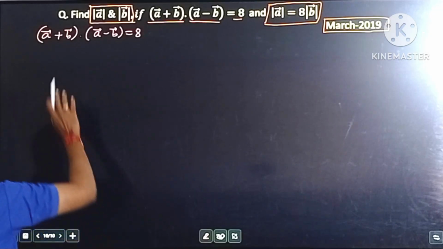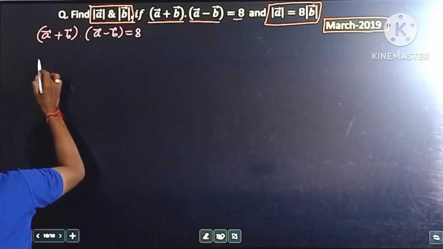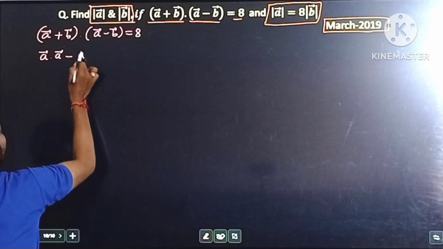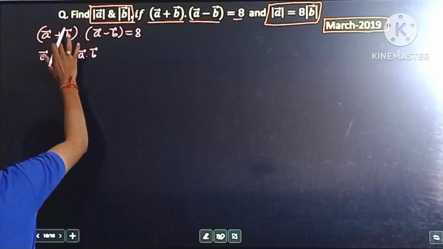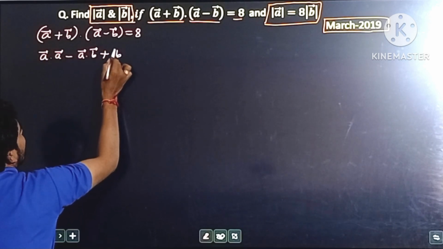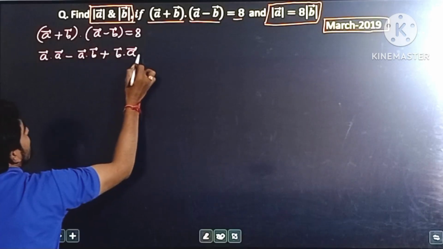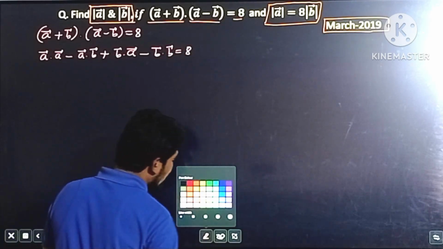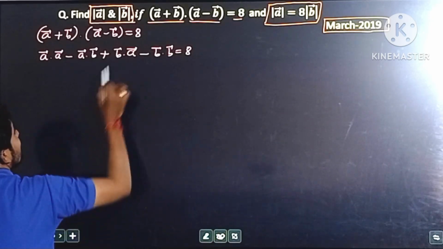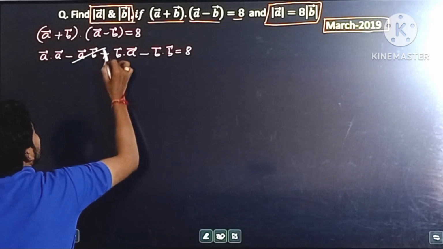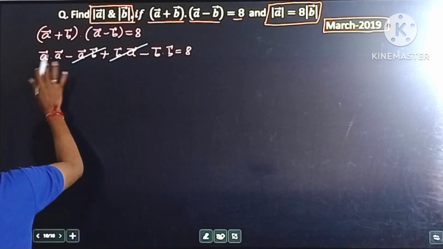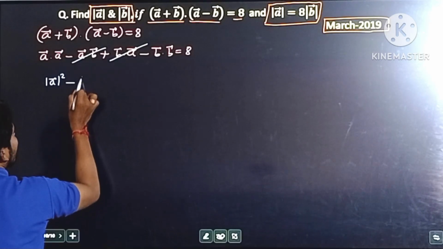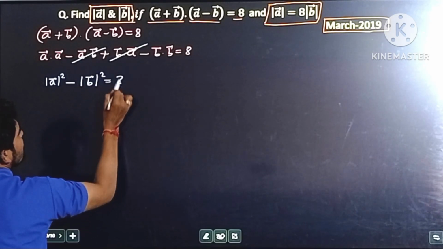Now by using the multiplication rule, first a vector dot a vector, minus a vector dot b vector, and then plus b vector dot a vector, then minus b vector dot b vector is equal to 8. We know that dot product is commutative, therefore plus a vector dot b vector and minus a vector dot b vector get cancelled. And a vector dot a vector is magnitude of a vector square, minus b vector dot b vector is magnitude of b vector square, equal to 8.